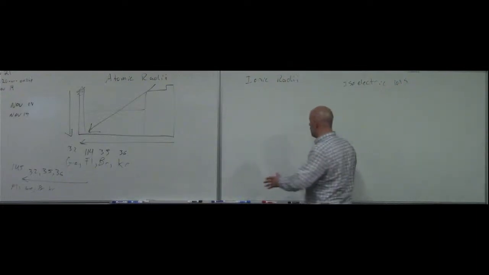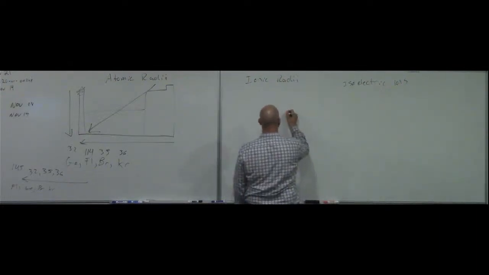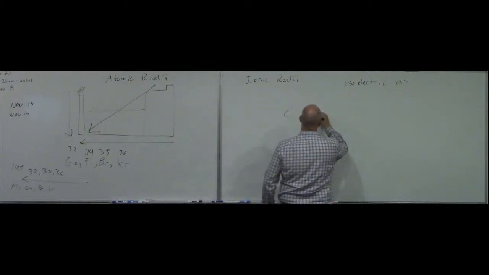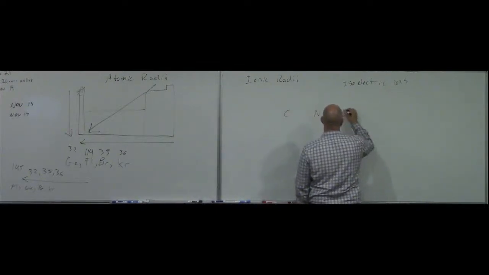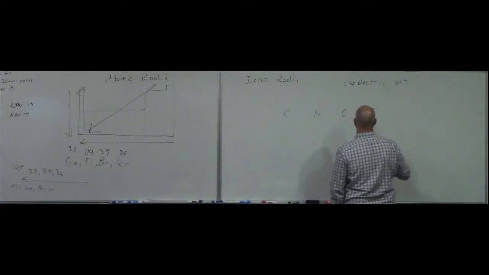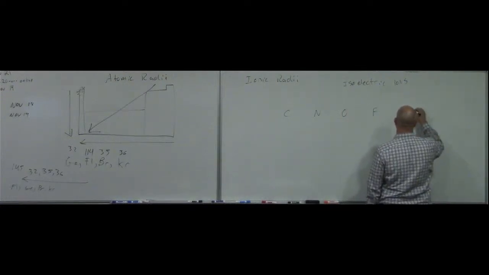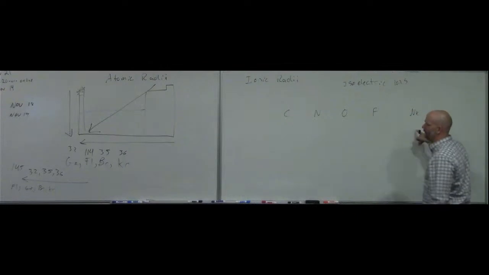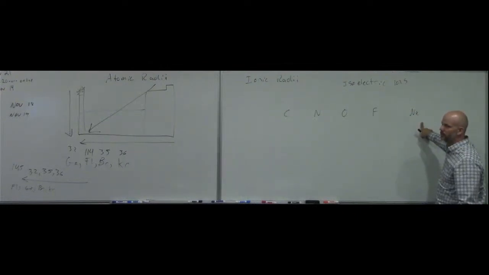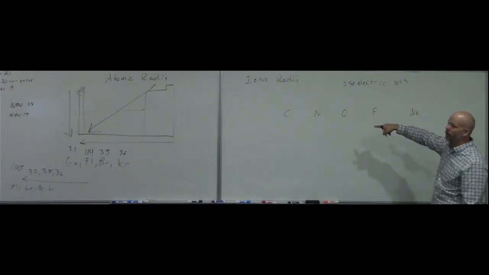For instance, let's do carbon, nitrogen, oxygen, fluorine, and neon. Neon has how many total electrons? 10. So if these are going to be isoelectronic, I want all of these to have 10.